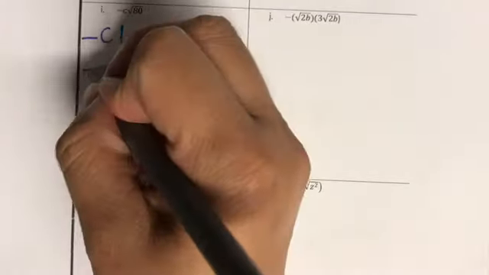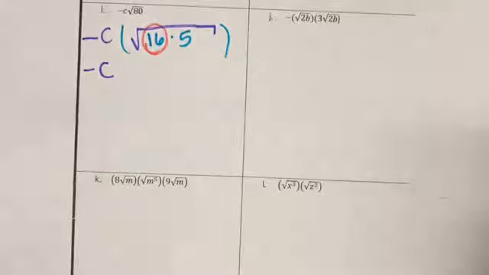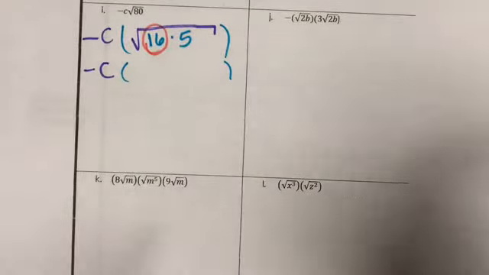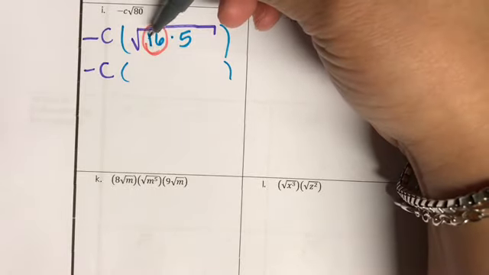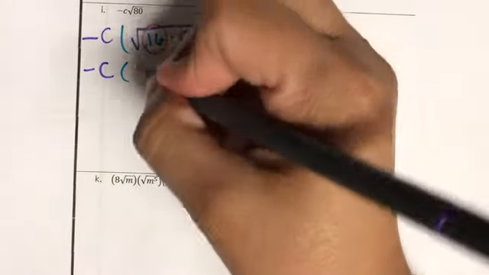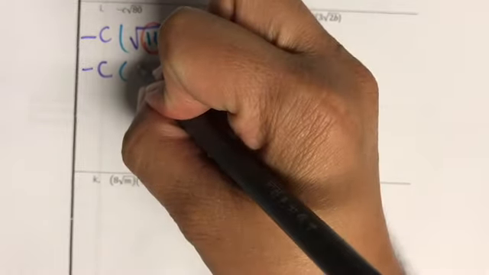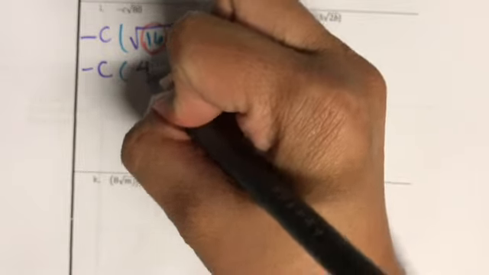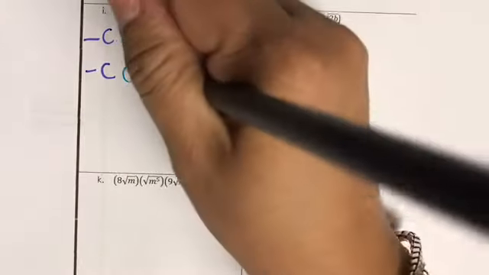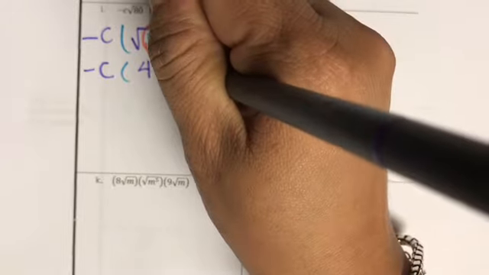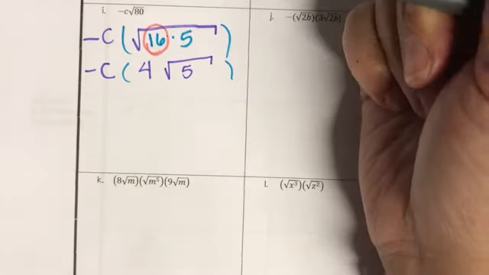So I have negative c parentheses, the square root of 16 is going to be 4 times the square root of whatever's left over, which is 5.